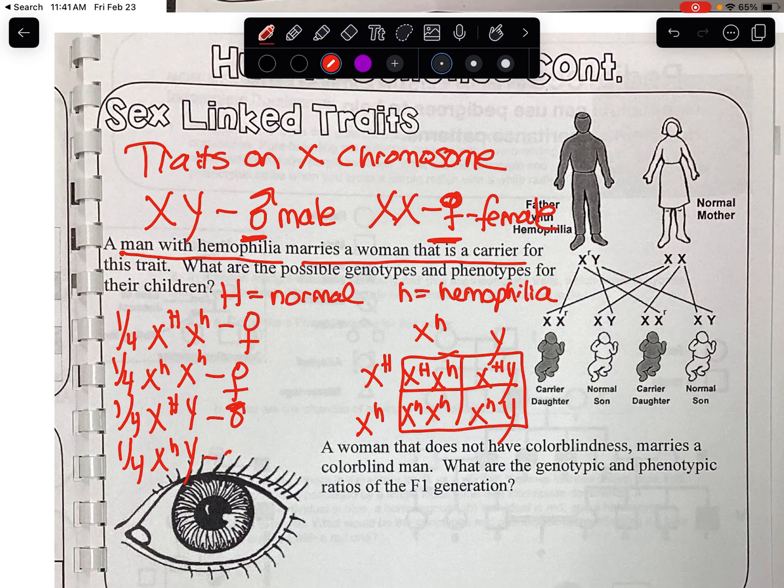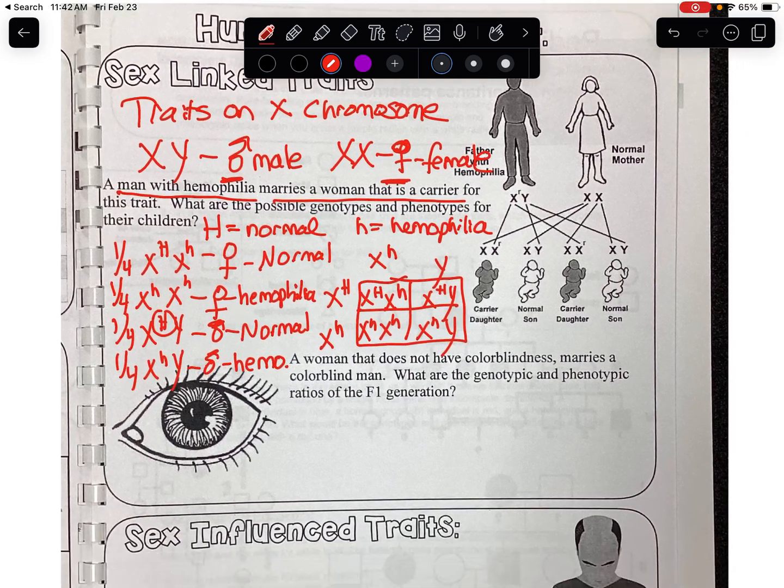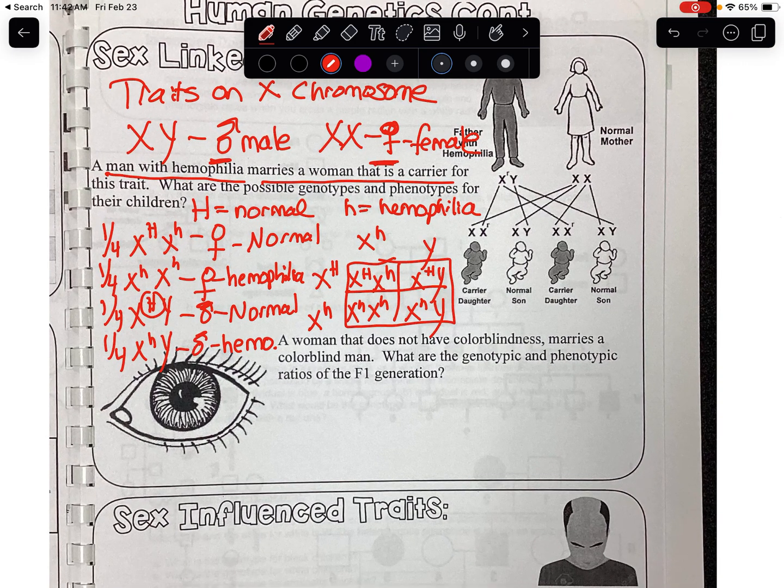Male, male. Circle with an arrow. Now I have to go tell whether they are normal or have hemophilia. This girl would be normal. This girl would have hemophilia because she's got 2 little h's. That's a big H. So this would be normal. I'm a normal male. And this male would have hemophilia. So that's kind of what I want you to do when you do a sex-linked problem.